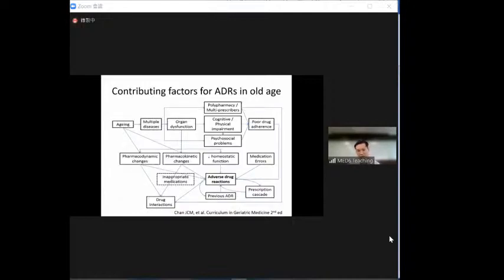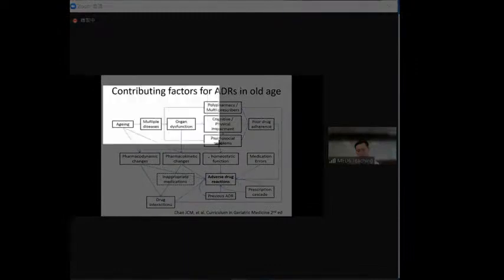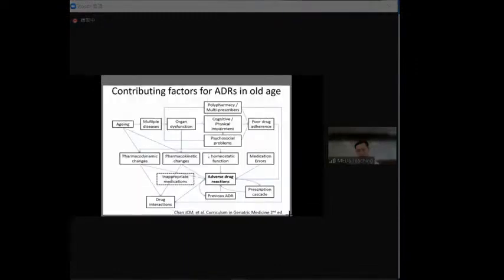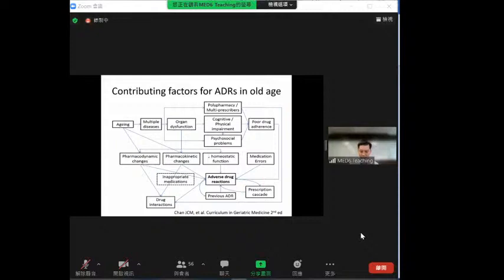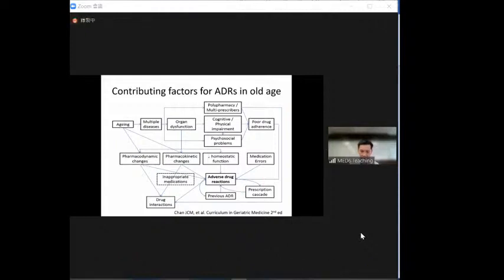Now the causes or precipitating factors leading to adverse reactions in the elderly are quite complex. As I wrote in this chapter for the curriculum in geriatric medicine years ago, aging causes multiple comorbidities and organ dysfunction, and sometimes it's age-related, sometimes it's disease-related, causing pharmacodynamic changes and also pharmacokinetic changes, and also some decline in homeostasis function.